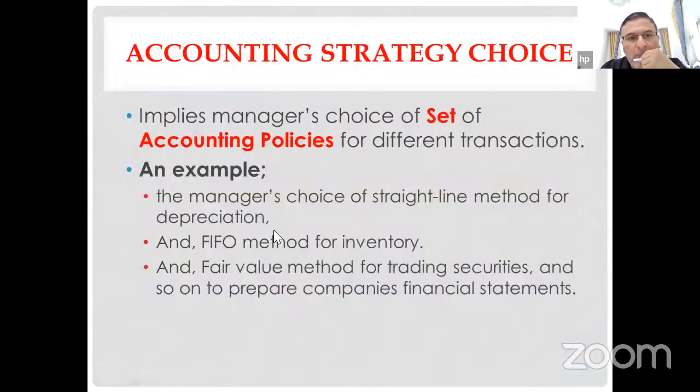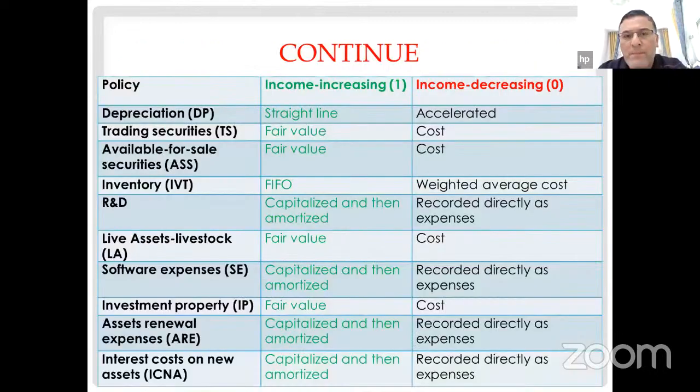And the second slide is about accounting strategy choice. Okay, what is the meaning of accounting strategy choice? Briefly, it is the same concept as accounting choice, but when we are talking about accounting policy choice, we are talking about only one transaction.